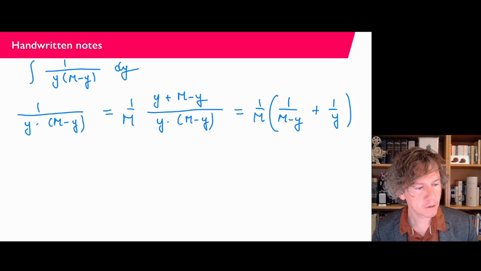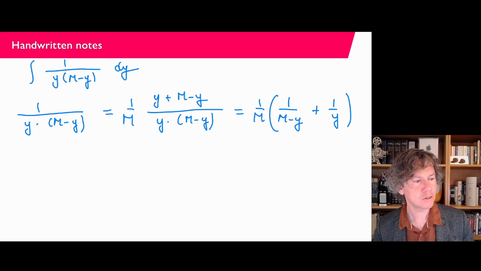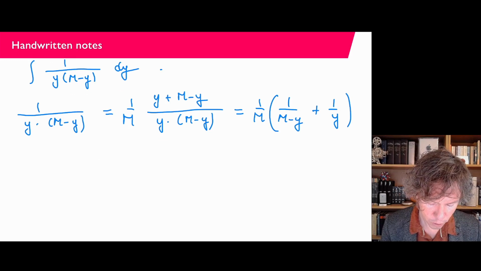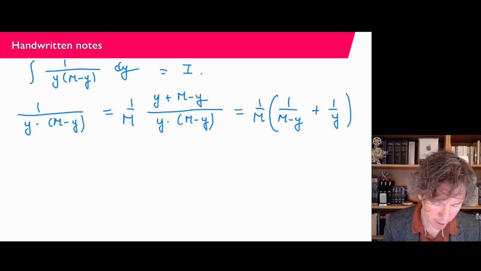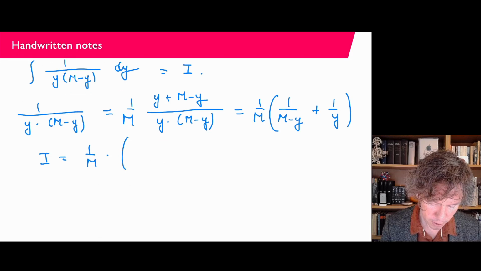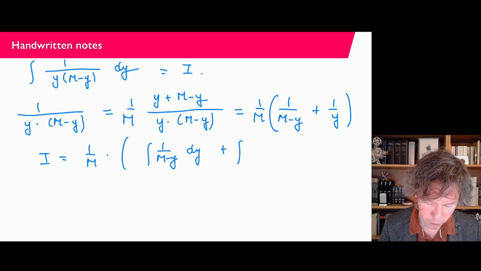And the great thing is that each of these two I know how to integrate. So if I call this integral I for integral, then I now find that I is apparently 1 over m, I can write that in front, times the integral 1 over m minus y dy plus the integral 1 over y dy.